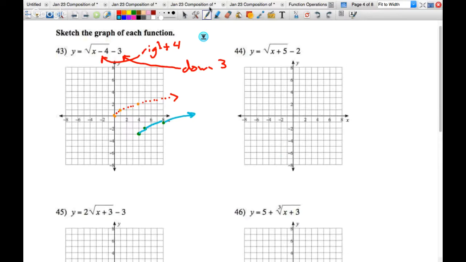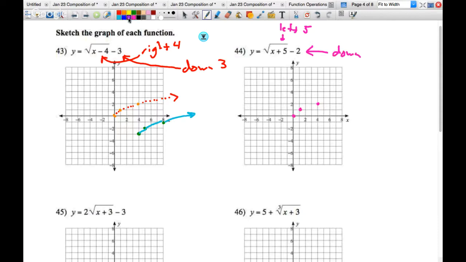All right. Again, for number 44, I'll add in those points of our parent function, 0, 0, 1, 1, 4, 2. And now I'm going to move these points. This will move it left 5. Or you could think it happens 5 faster, down 2.